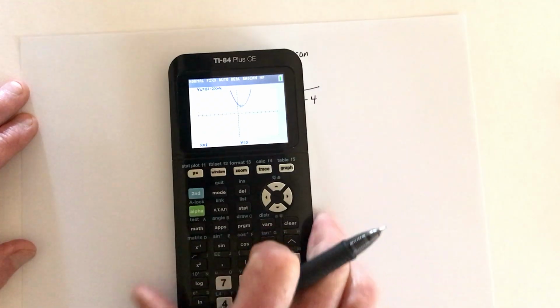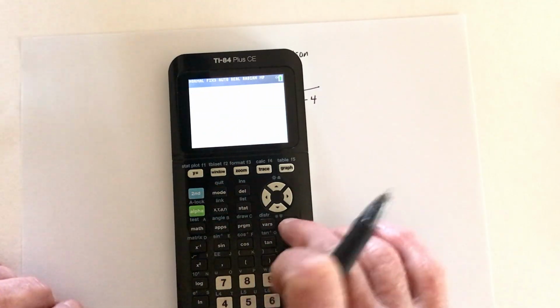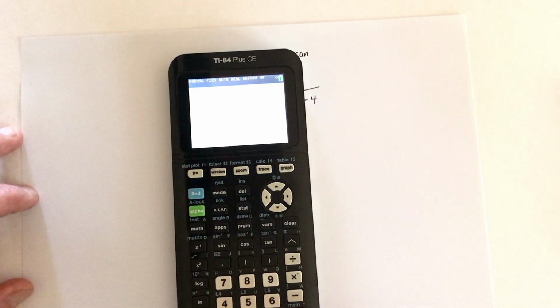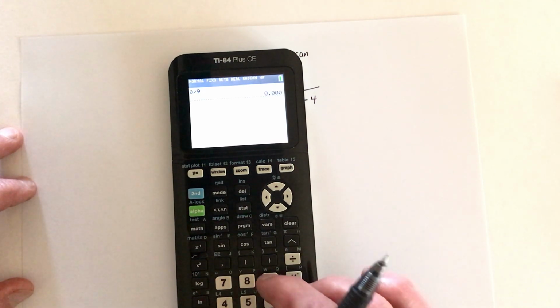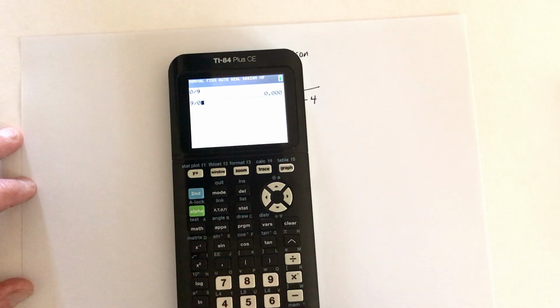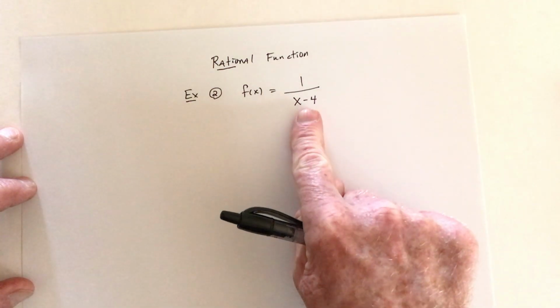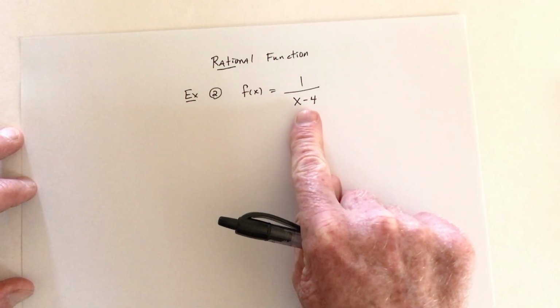Now, if you have 0 divided by a 9, that equals 0. But if you have a 9 divided by a 0, that is undefined. You cannot divide by 0. So in this one, if the bottom equals 0, it's going to be undefined.